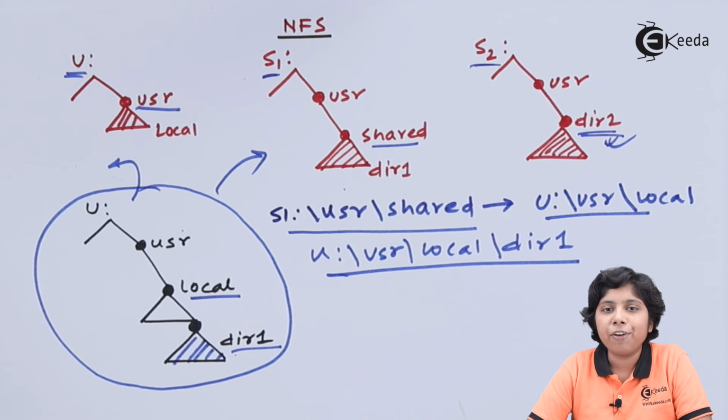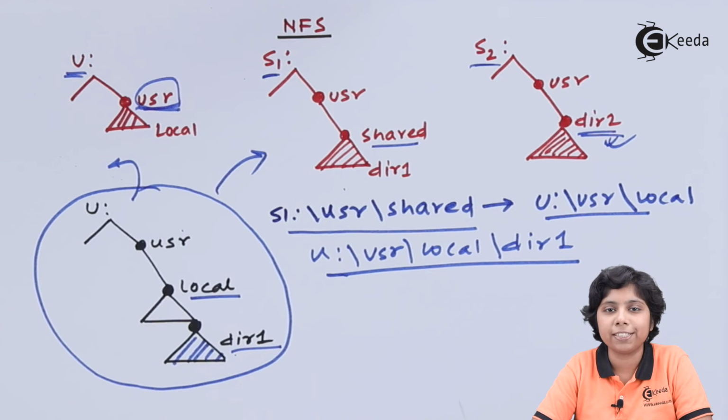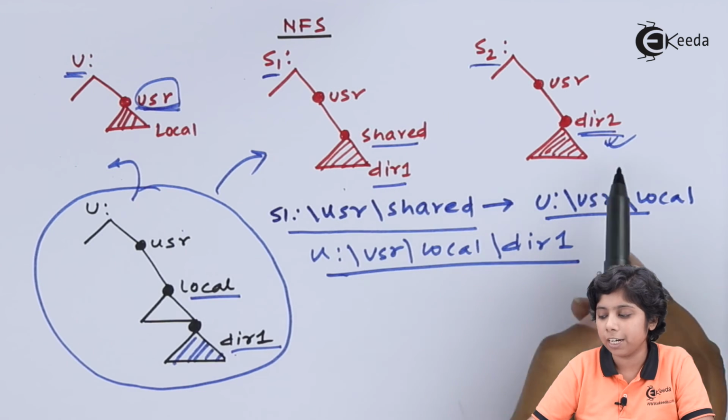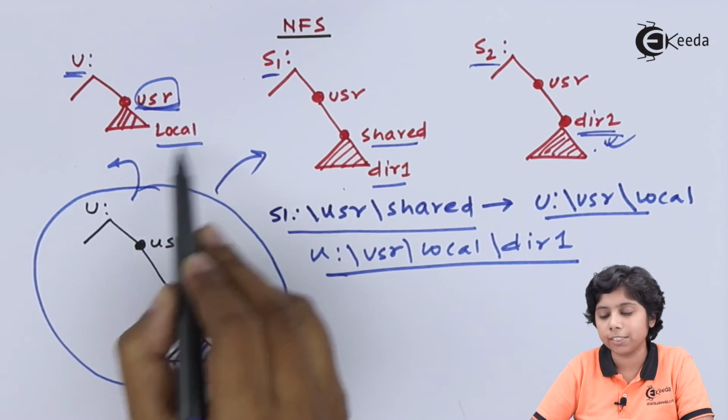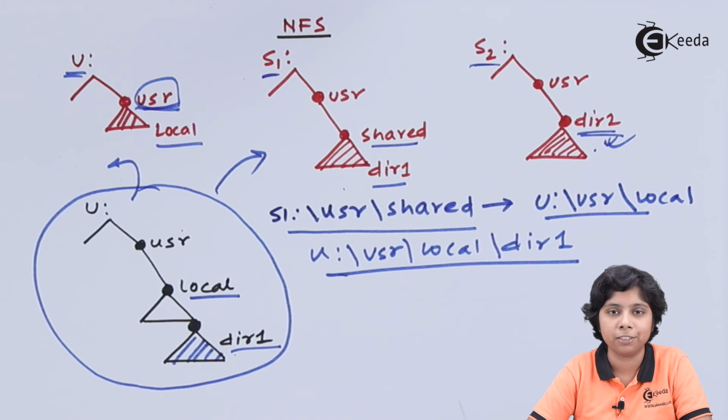Now, if a shared file system is mounted over the user local or the home directory of any operating system, then it can be integrated as part of the home environment of that particular operating system, and the users of that system can use all the files of this dir1, dir2 as well as the local, because the systems are mounted on the home environment.